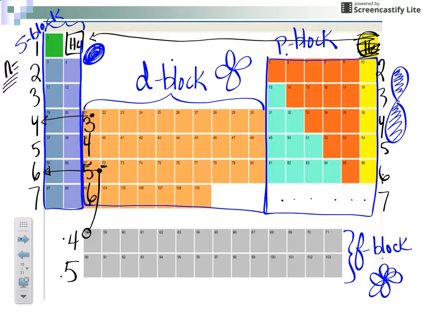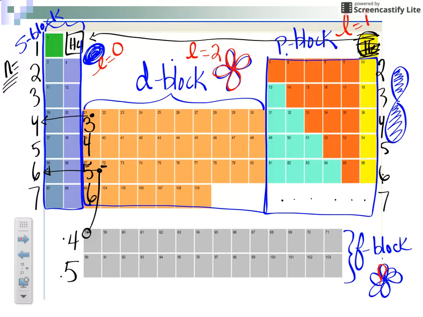The blocks tell us, again, the shape of the orbital. The S block always is spherical, and what that means is for all the S's, L is equal to 0, because if you trace a sphere, you get a 0. Remember, for the P's, L is always equal to 1. For the D's, L is always equal to 2, because there are 2 of these peanut shapes we had to put together to make the D orbital.